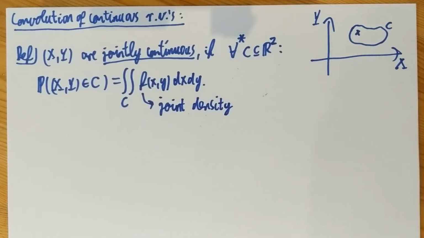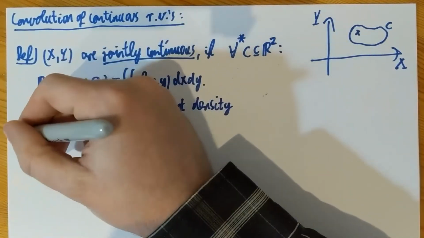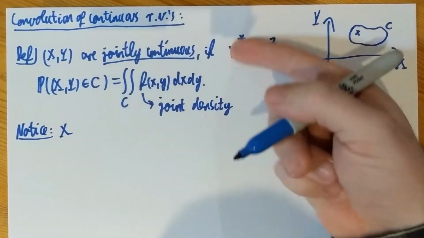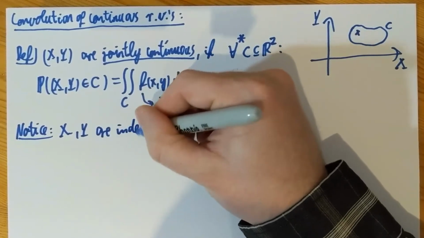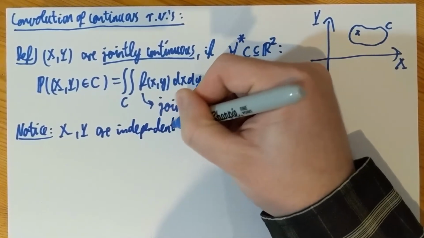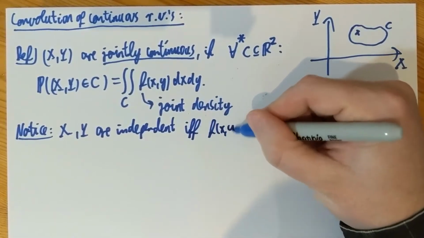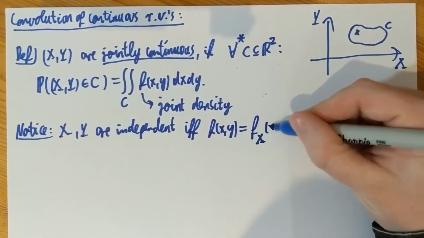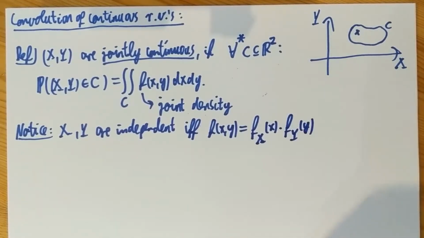Okay? And it's also a simple fact that one can easily check that X and Y, in case they are jointly continuous, are independent if and only if f(x, y) factorizes into the product of two functions, and then it's just a matter of grouping the constants to find that it's a product of the marginal density functions for every x and y.